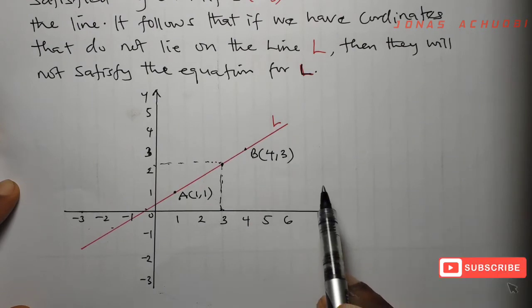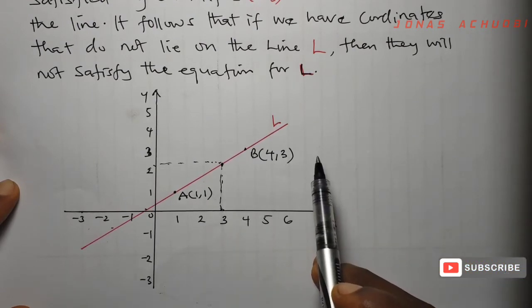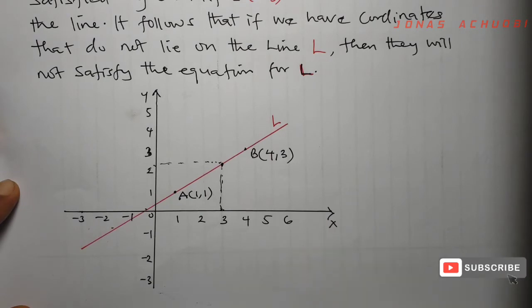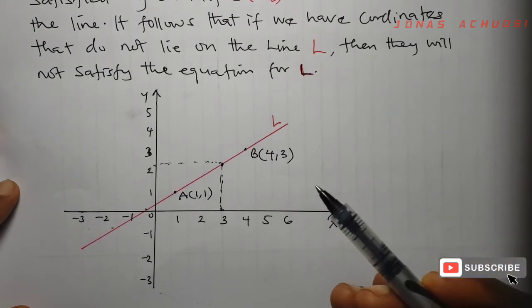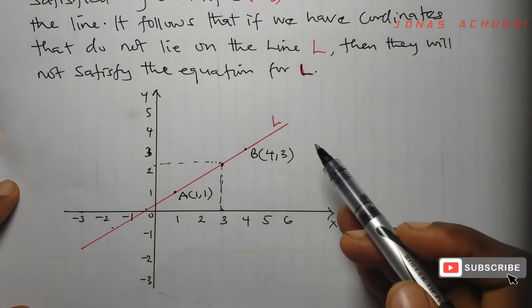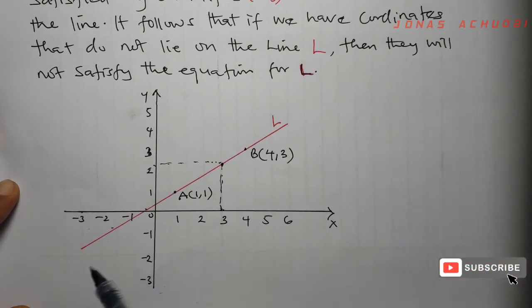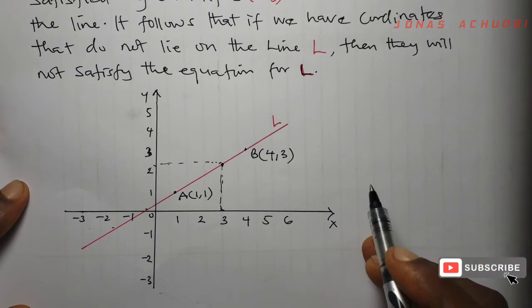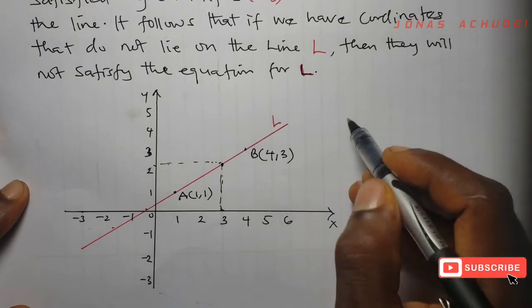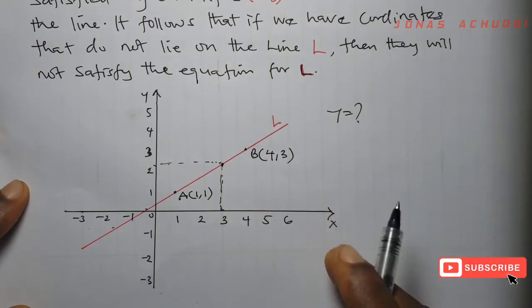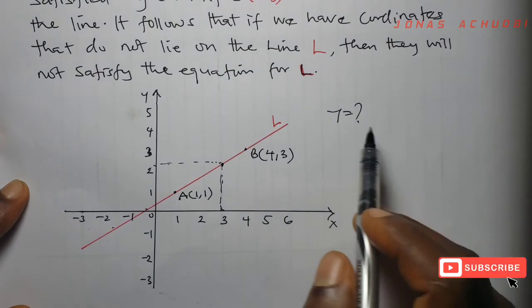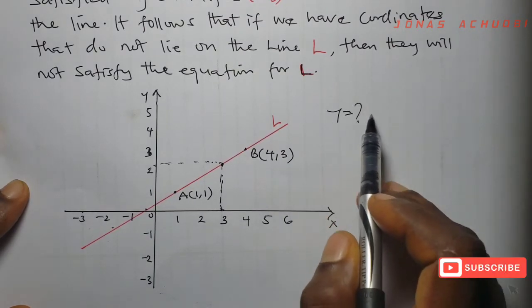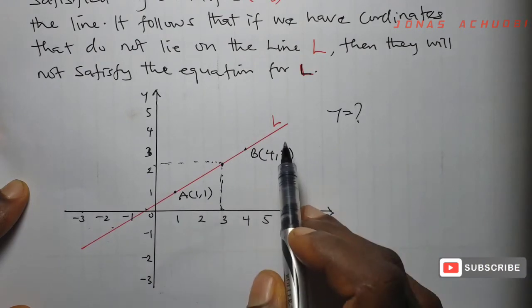Apart from sketching this line through these points, the question is, is there any other way of describing this line? And the answer is yes. We can describe this line using an equation. Whatever equation we come out with, say y equal to whatever, we call that equation the equation of this straight line.